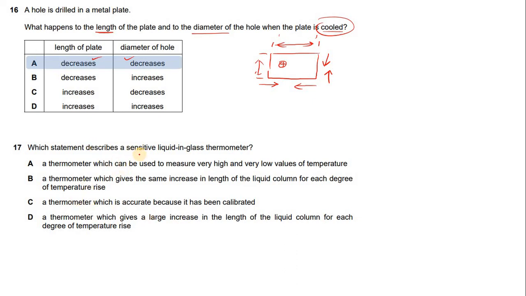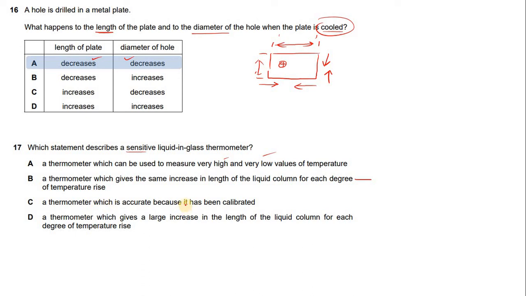Which statement describes a sensitive liquid-in-glass thermometer? Okay, it's all about sensitivity. Sensitivity means how much increase in the length of the liquid thread per degree rise in temperature. The larger the increase in length for each degree, the more sensitive the thermometer is. A thermometer which can be used to know this is all about the range of the thermometer. A thermometer which gives the same increase in length is about linearity, not sensitivity.